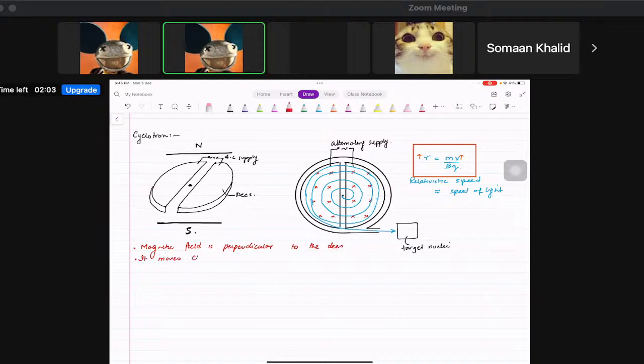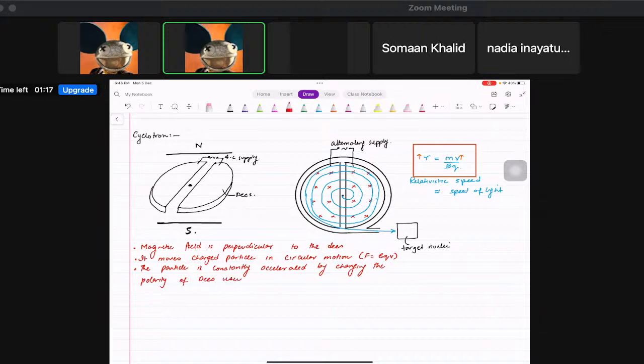It moves the charged particle in circular motion, and you know from this equation that we already know from magnetic field, the particle is constantly accelerated by changing the polarity of the Ds using AC current.